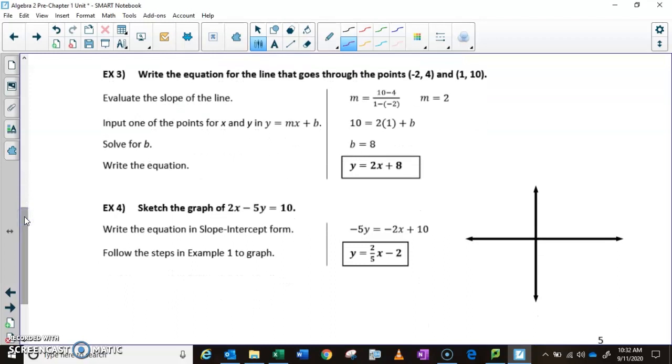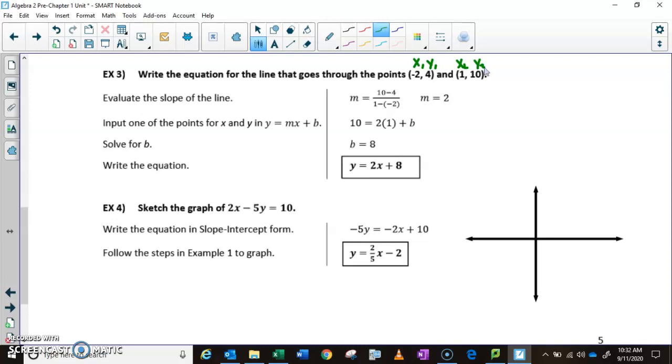In example 3, a similar type of problem, they're giving us 2 points, but one of the points is not the y-intercept. So we're going to begin the same way. We're going to find the slope. Identify your points, x1, y1, x2, y2. Substitute into your formula for slope.